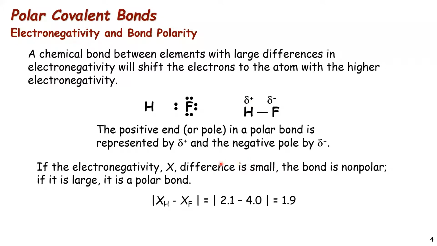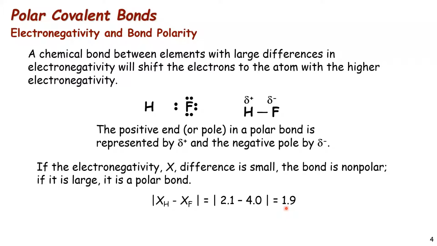Now, the difference in electronegativity of these two elements, 2.1 for the hydrogen and 4.0 for the fluorine, gives us a difference of 1.9. There is no set value to say where we go from a molecular compound to an ionic compound. Generally, it's around this value here, 1.8, 1.9.